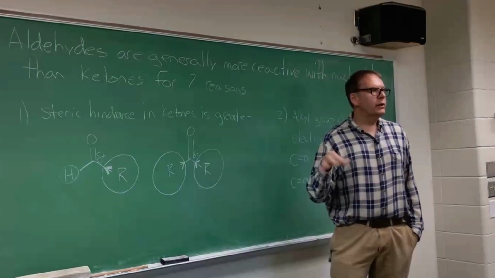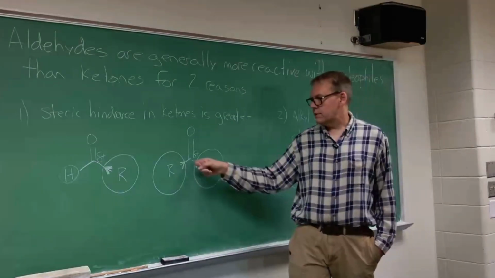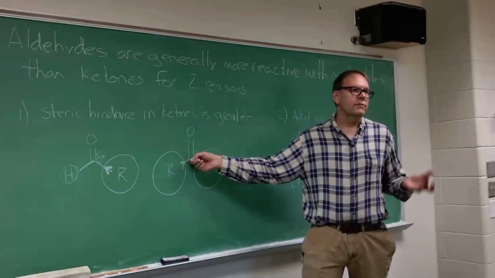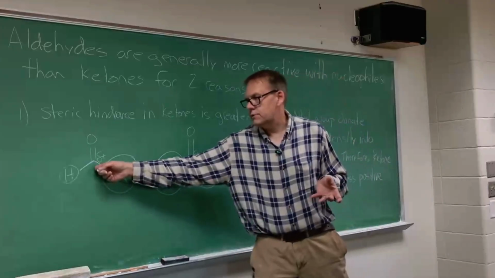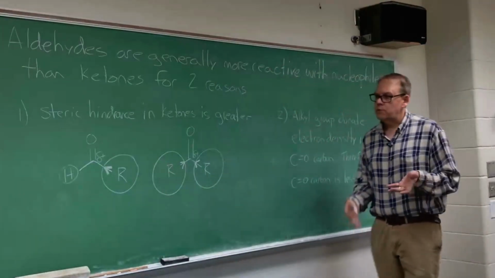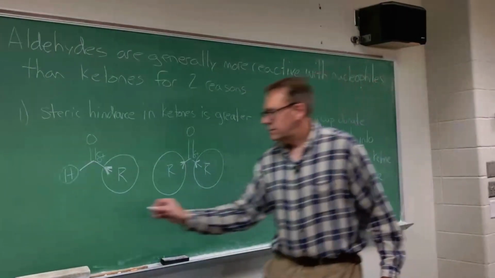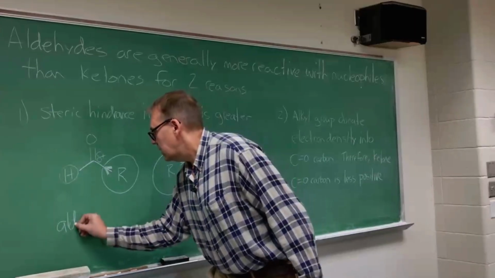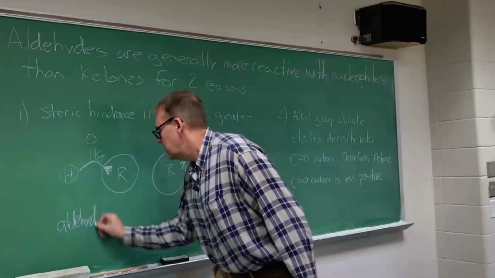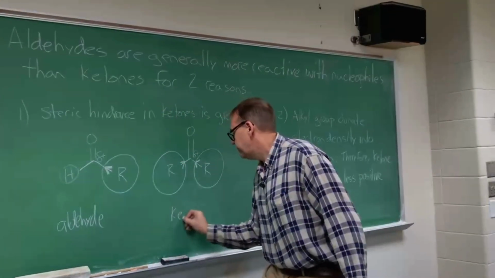So if you're a nucleophile and you're looking at these two carbonyls, this one is less attractive because it's less partially positive. There's a stronger attractive force to this one because it's more positive. So that's why aldehydes, and just to make sure we're clear about this, this is the aldehyde, and this is the ketone.